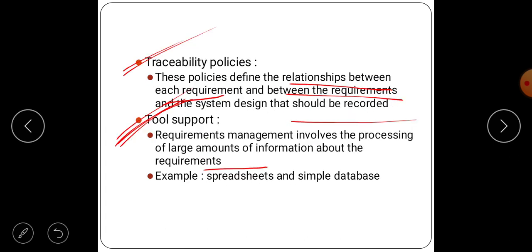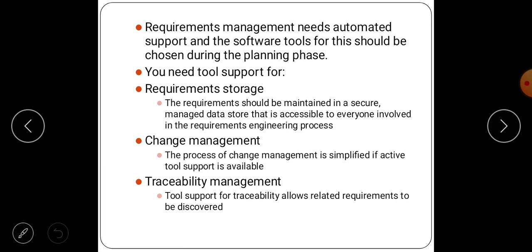The tool may be of automated support, which means using a programming language tool we can do our planning phase. You need tool support. Why do we need this tool support, this automated support? For requirements storage.